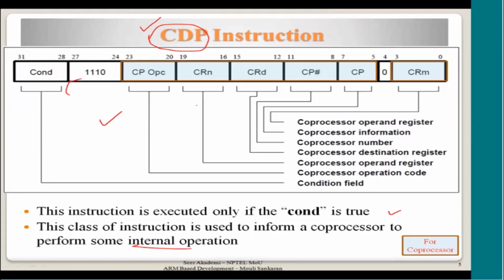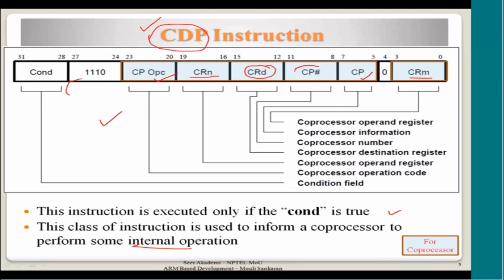So what kind of internal operation? That is specified by this bit and these bits. These are two fields: the coprocessor type as well as the coprocessor operation. Then this is one of the coprocessor operand registers, this is another coprocessor operand register, and this is the destination register inside the coprocessor. Anything appended with C indicates that they are coprocessor registers.